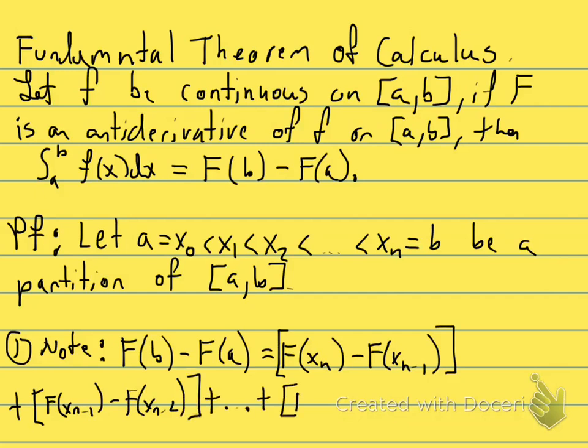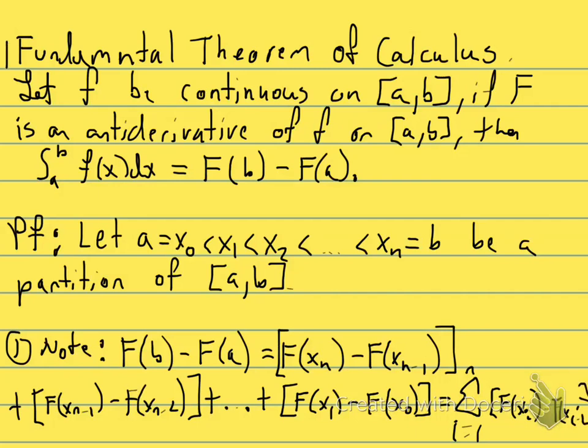And finally we get to F of x1 minus F of x naught, which is F of a. And that's equal to the sum from i equals 1 to n of F of xi minus F of xi minus 1.